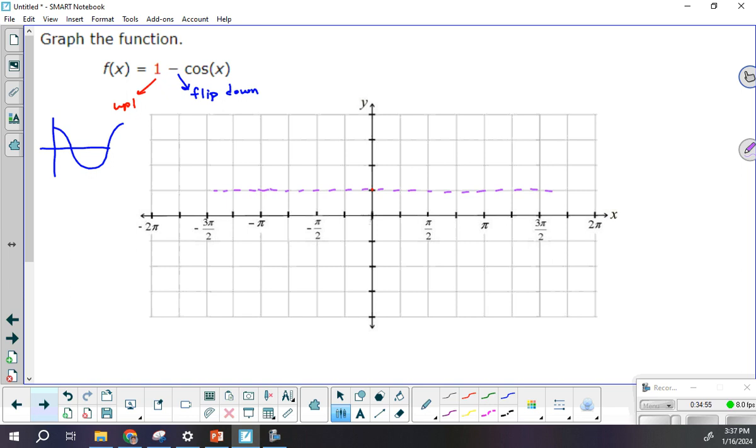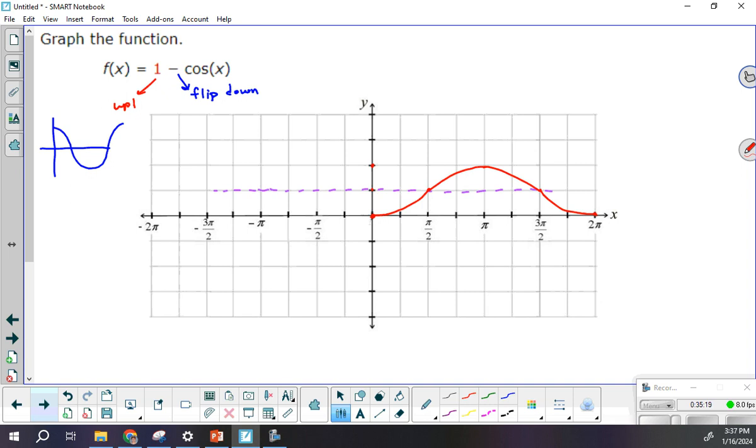So instead of starting up here, we're starting down here. Does that make sense to everybody? So we're going to go up to here, to here, to here, and then back to there. That's what the graph should look like, roughly, from 0 to 2 pi.